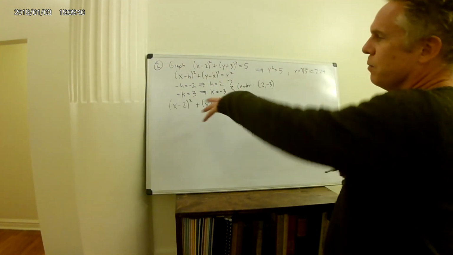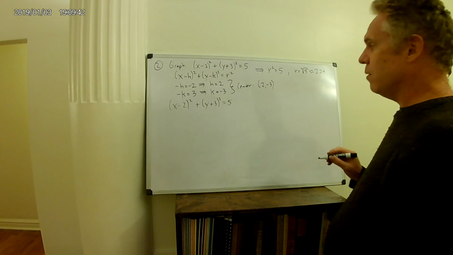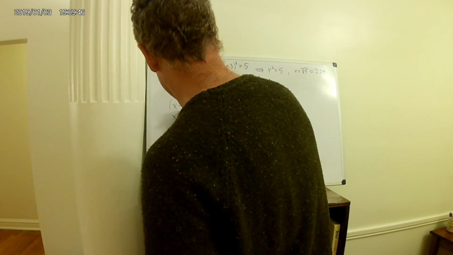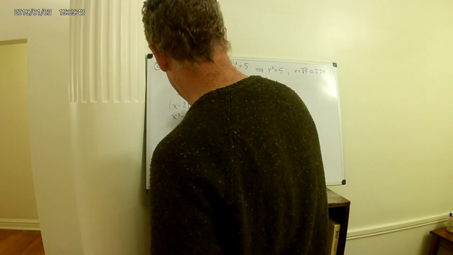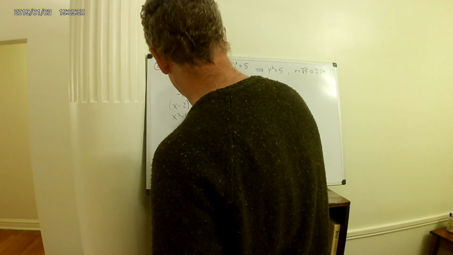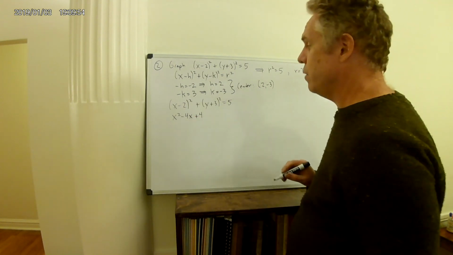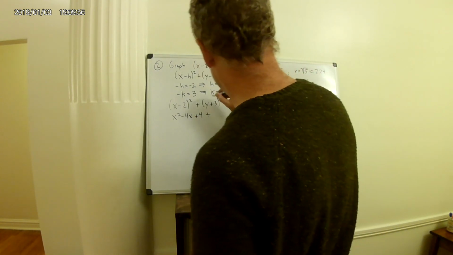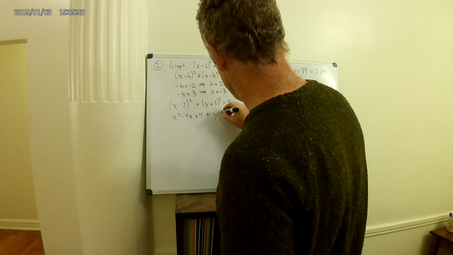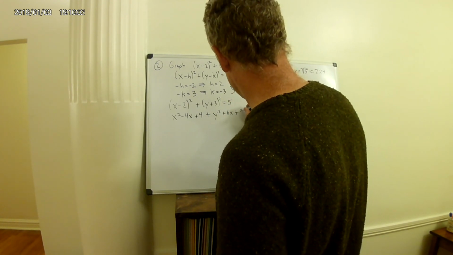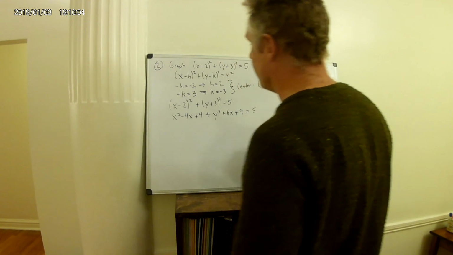What I'm going to do is square out these terms now. If you take x minus 2 squared and FOIL it out, you get x squared minus 4x plus 4. And if I do the same thing for the y term, I get y squared plus 6y plus 9. And all of this equals 5.